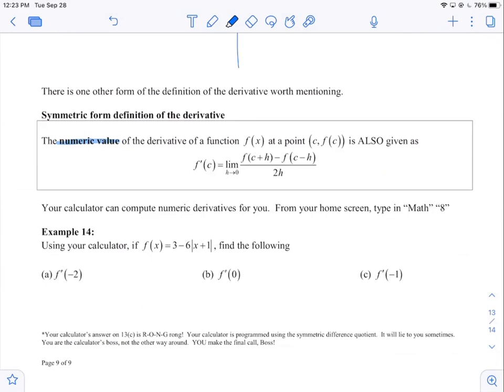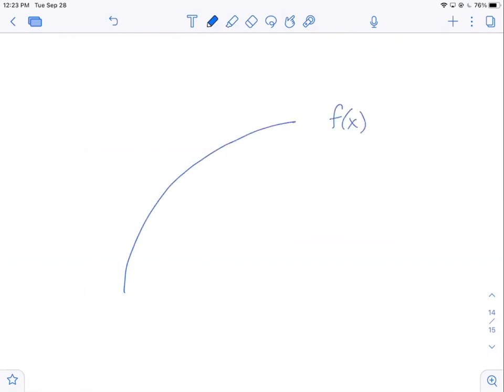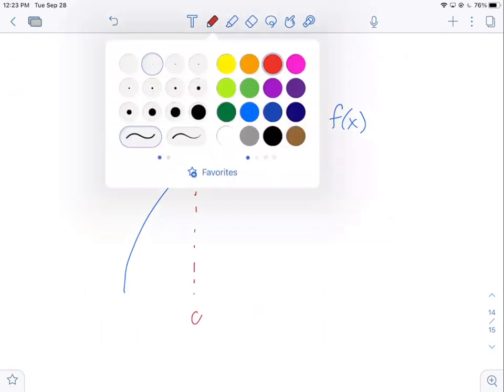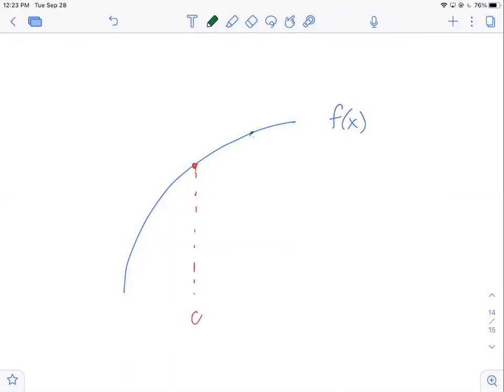So here's what the symmetric form does. Let me show you the graph. It'll make more sense. Let's say we have this function f of x, and I am interested in finding the slope of the tangent line right here at c. I'm going to choose that other point over here that we've been choosing.